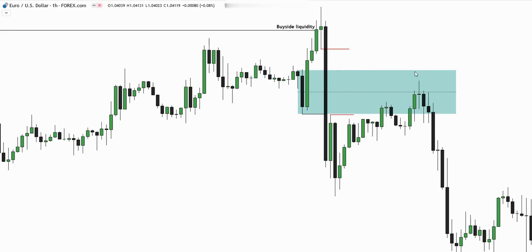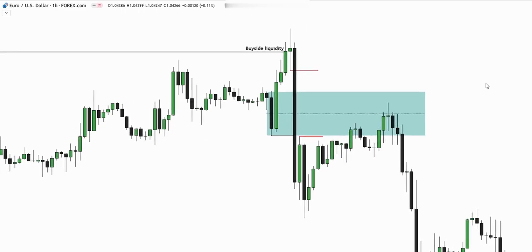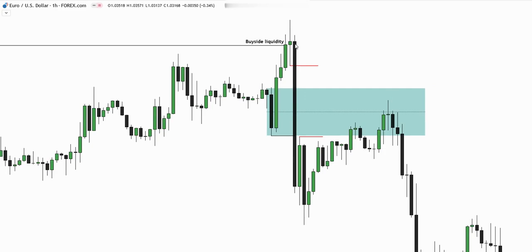Sometimes they can close above the breaker, which is still okay, but at least if they fail to do so, that is something commendable to tell you that we are no longer interested in this upside move, but rather in the downside move. So clearly, when you're looking at this, my friends, this is a perfect unicorn.